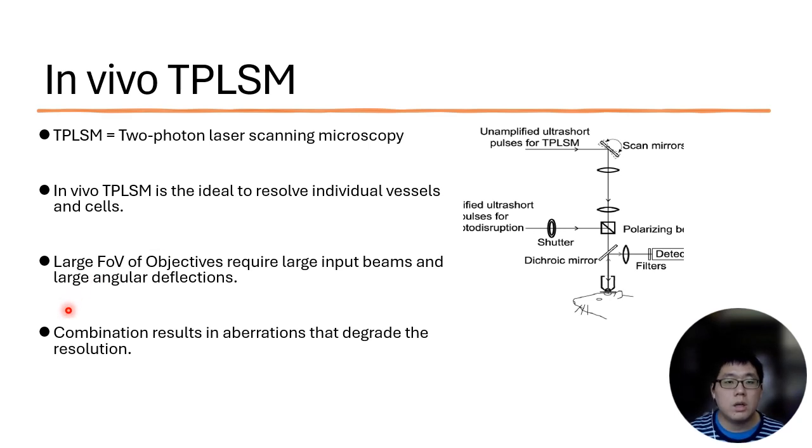And objectives that produce a large field of view with high resolution require both large input beams to attain their full spatial resolution and large angular deflections of the input beam to make full use of the available field of view. This combination results in aberration within the scan path that substantially decreases the resolution that may be obtained with the microscope.